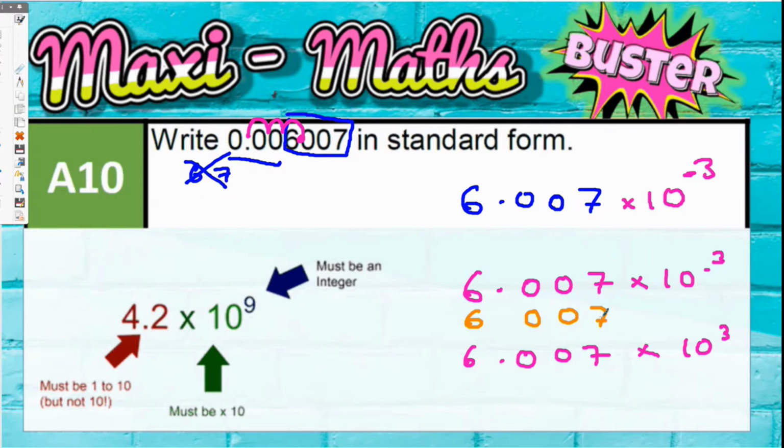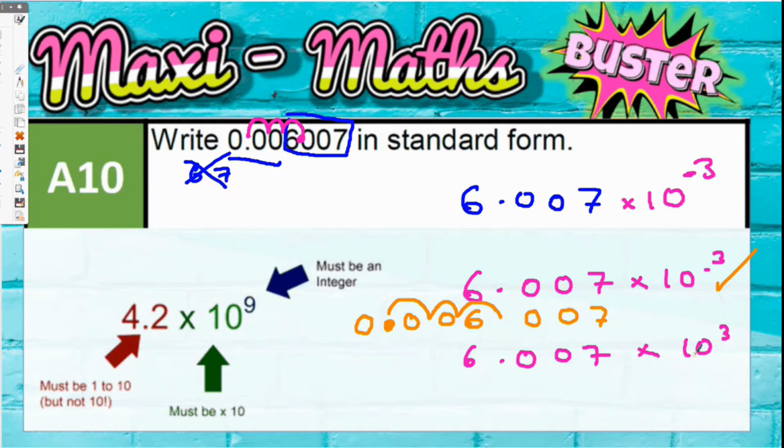And then if it's a negative power, you move the decimal point to the left. So the point which would be here would go 1, 2, 3 places to the left and end up there. And then you fill in any empty gaps with zeros. So that's 0.006007. And that's what we had in the original question, which is why this is the right answer.